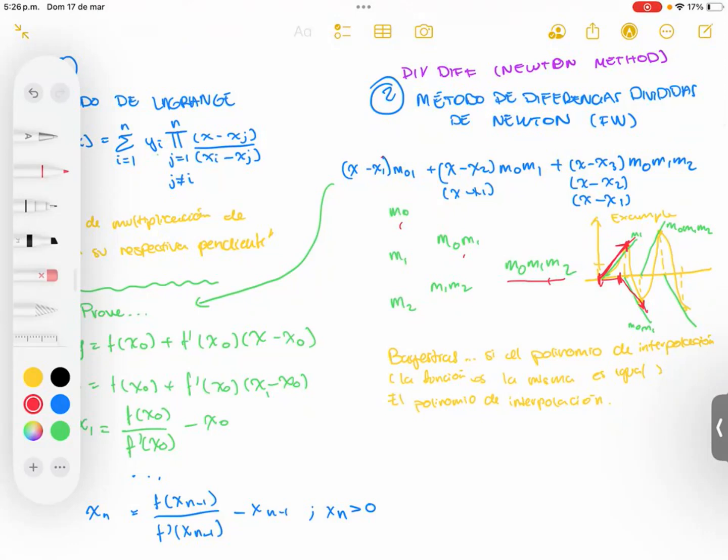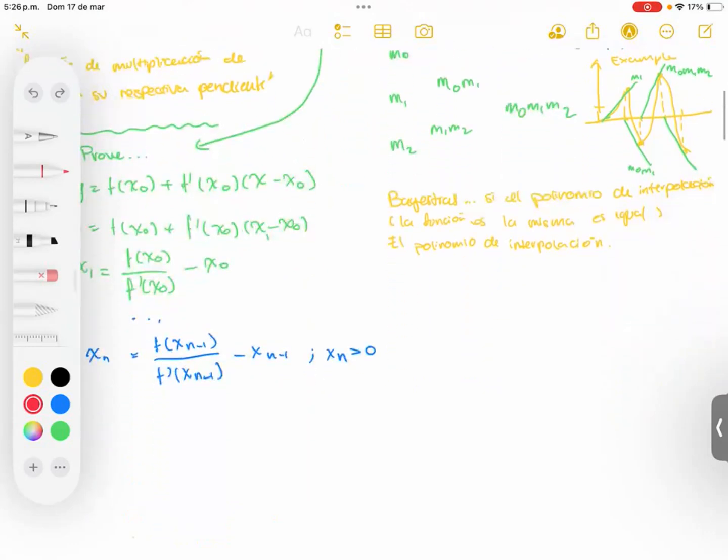You are having this, then this, and then this. The method is a little bit better explained through the notes, but basically that's the idea. And the idea is based on the equation that Newton presented to us for getting the estimation of the next point of every single one of the next iterations.